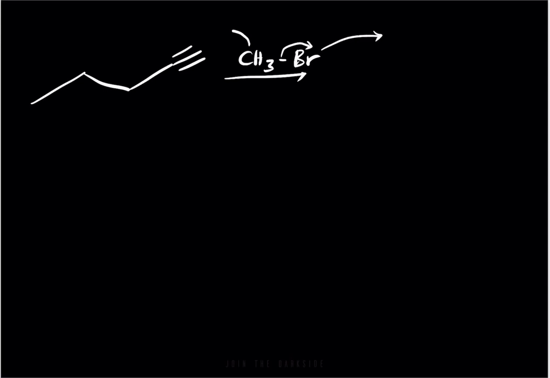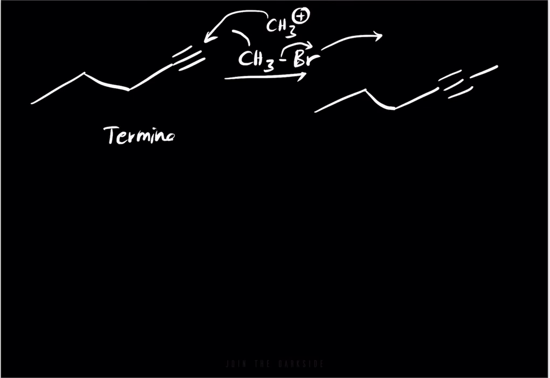The CH3 becomes CH3 plus, and the compound loses its hydrogen, so the CH3 then attaches itself to the carbon. The final product is a triple-bonded structure with CH3 on one side. So you go from a terminal alkyne to an internal alkyne.